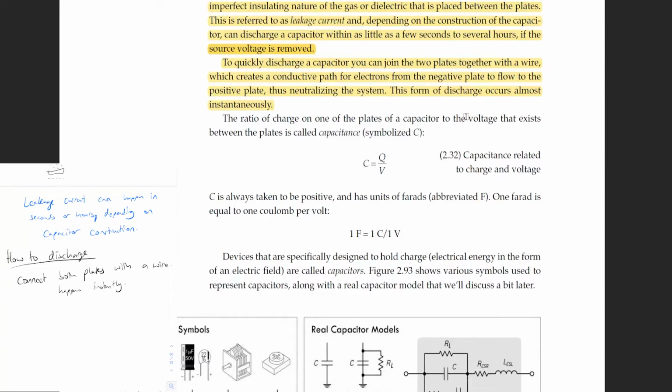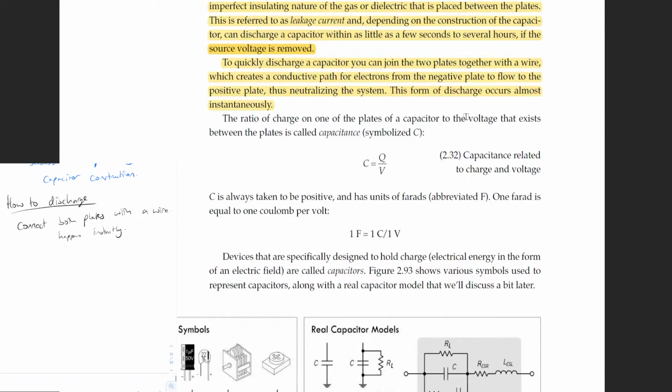The ratio of charge on one of the plates of a capacitor to the voltage that exists between the plates is called capacitance. Finally, I'm getting somewhere, people. I don't think I've ever heard a word as much as capacitance and not had any idea what it is.